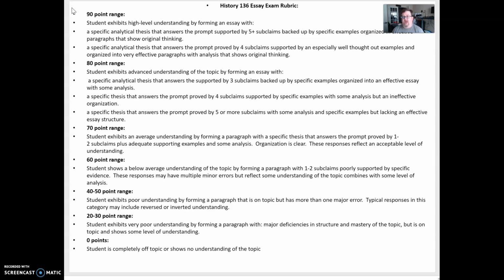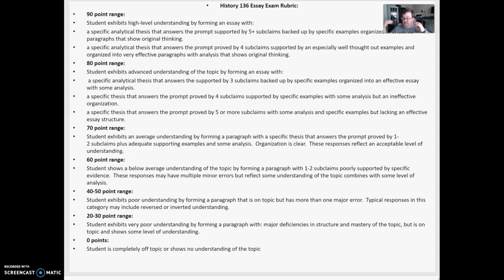And to get a perfect grade, you have to do a number of things. For that perfect grade, you need to have a specific analytical thesis that answers the question from the prompt. You need to have 5 or more subclaims backed up by specific examples organized into an effective paragraph or into effective separate paragraphs, and you need to show some original thinking.